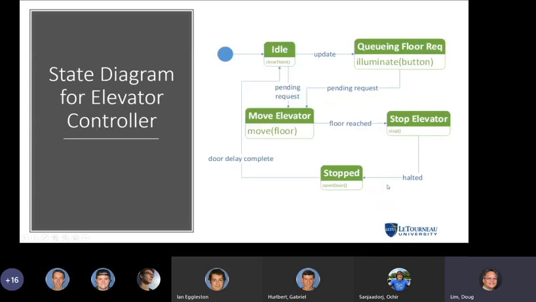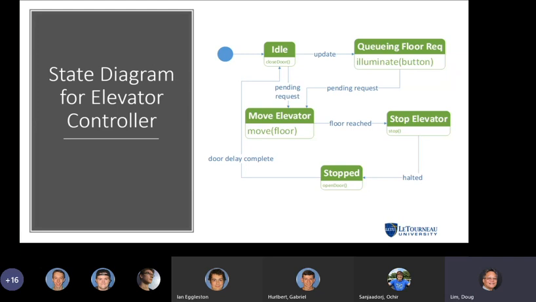So this one is the diagram for the elevator controller, very similar. We have the various states, the actions that happen inside of those states. And I won't go into great detail, but same idea. We have events that happen.